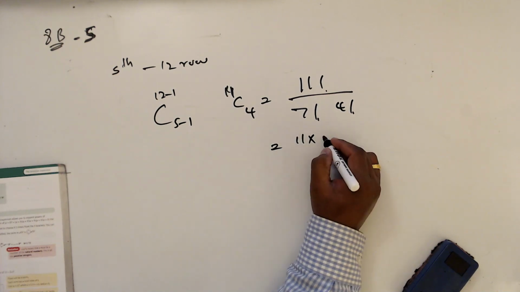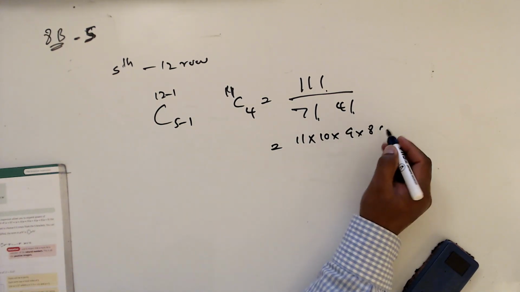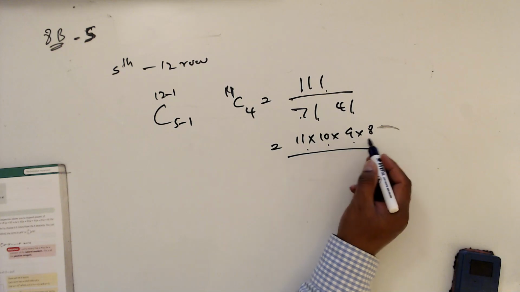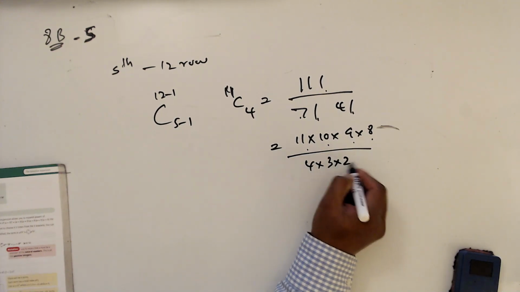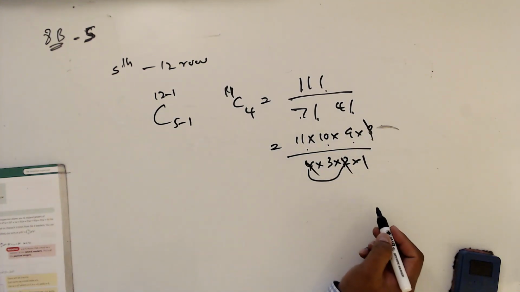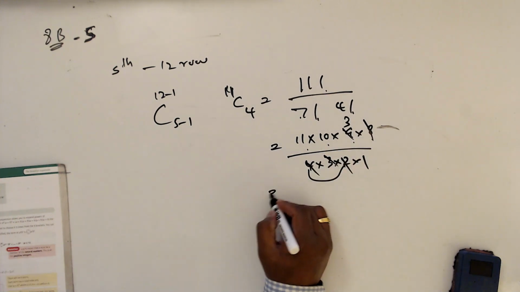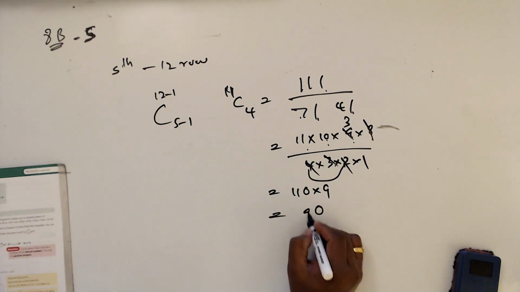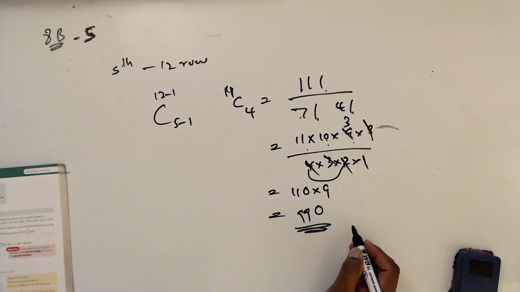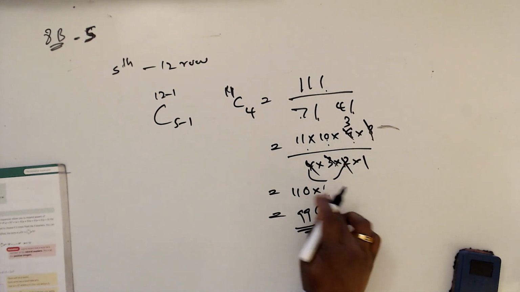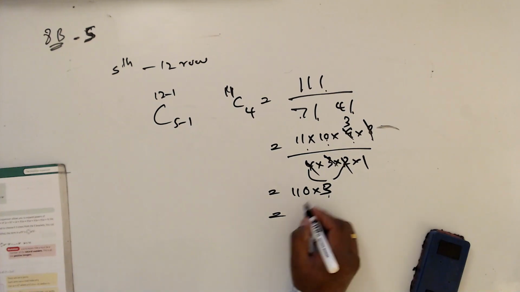So 11 times 10 times 9 times 8, and 7 is cancelled with this one. And 4, 3, 2, 1. So 4 times 2, 8, and this is cancelled out. This is 3 times 3, 9. So 11 times 10, 110 times 3, so this is 330.